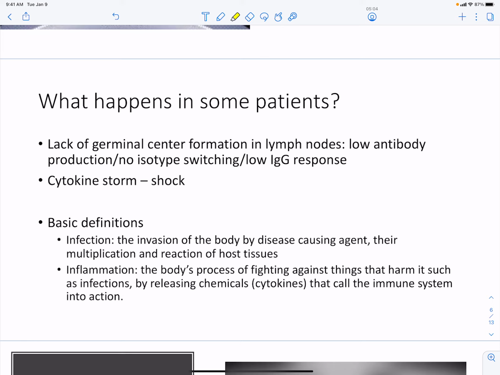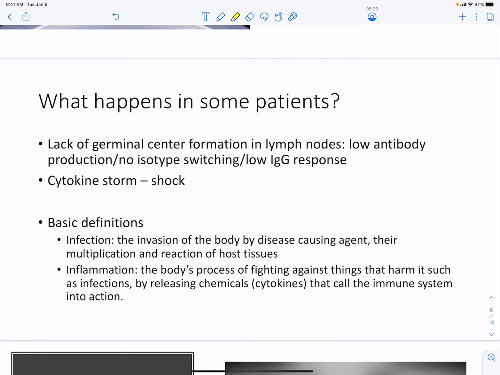And so germinal centers are important for generating those really good antibodies. So it's unclear why in some patients this does not occur. In some patients, there's also an overreaction of the innate immune response, and this leads to cytokine storms, the release of pro-inflammatory cytokines systemically, and this can lead to shock.